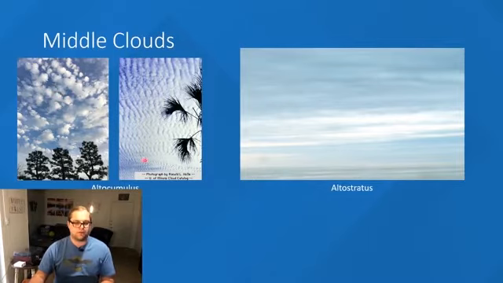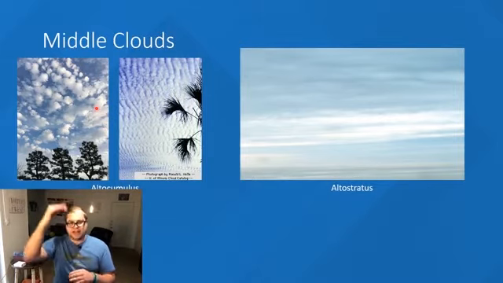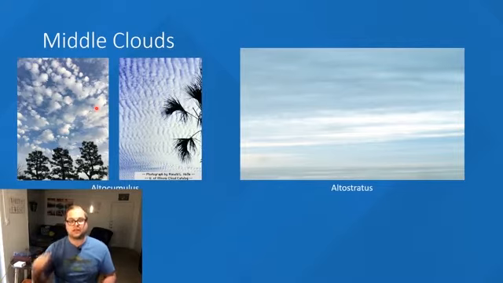If it's in this form where it's more in straight lines, it's a little harder to tell, but you usually don't get these straight lines with cirrus clouds. If they're about the same size as your thumbnail, that's how you know they're alto instead of high clouds, which are cirrus clouds. Those will be a little bit smaller.